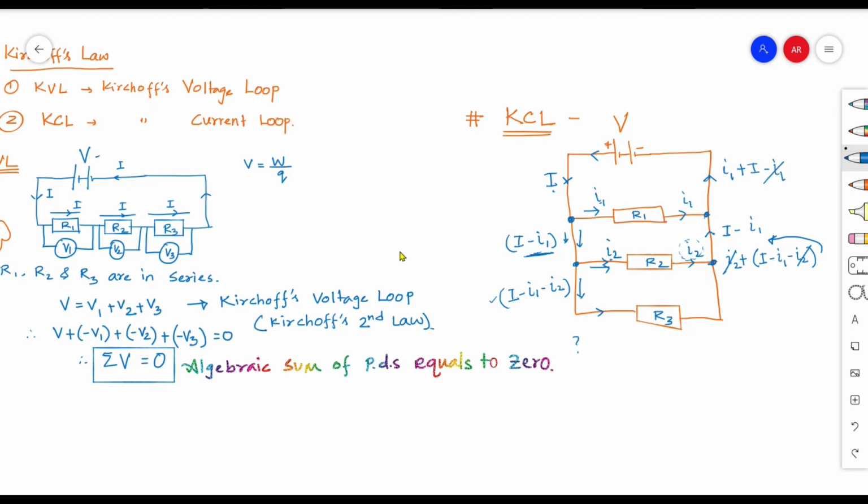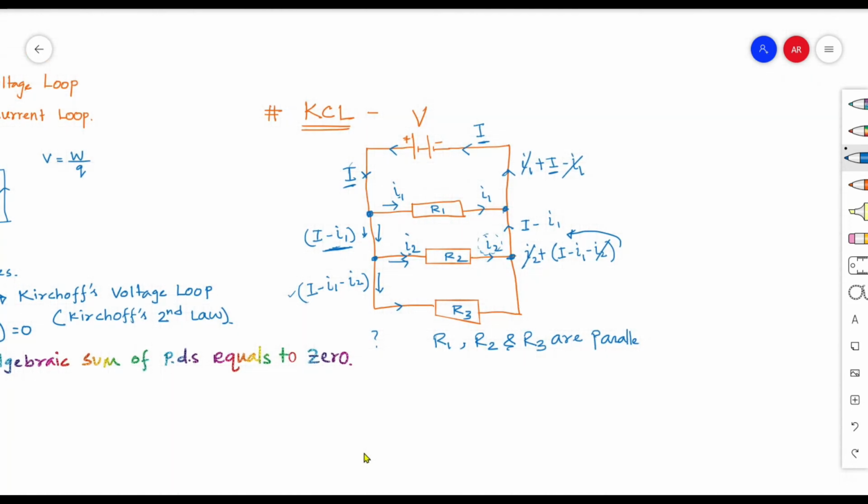That I1 gets cancelled out. So what is now the total current? I. So look at this. The current I delivered from the positive terminal of the battery is the same as the current I entering into the negative terminal of the battery. Nothing more, nothing less. Here it is Kirchhoff's current law. Whatever current is delivered, that current is going to be received.